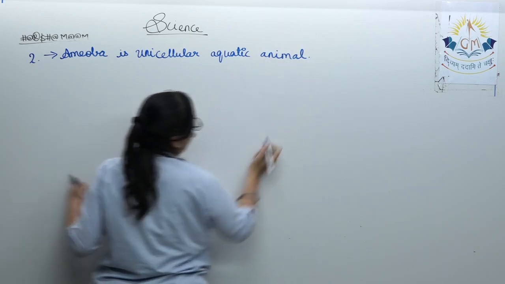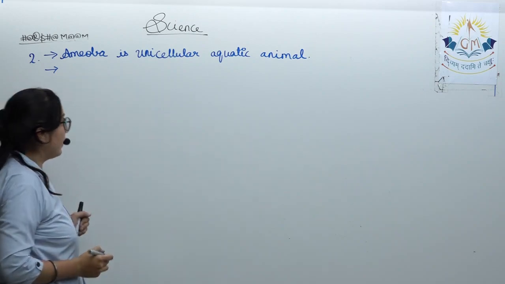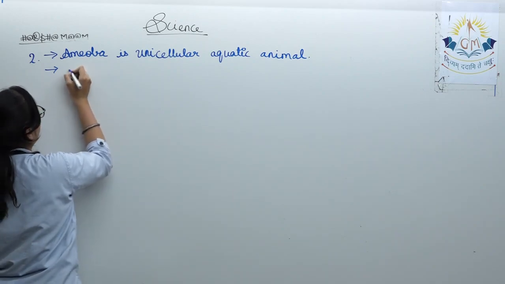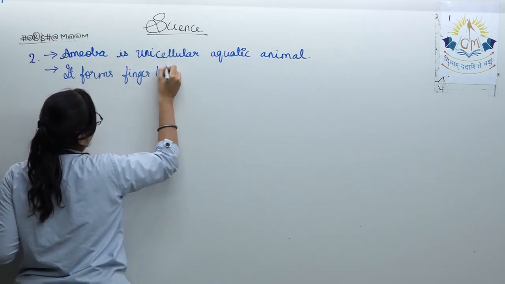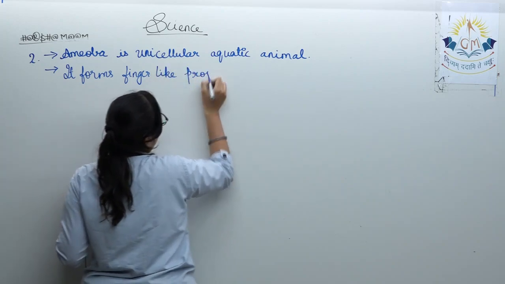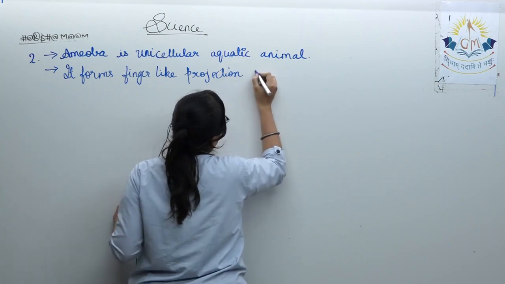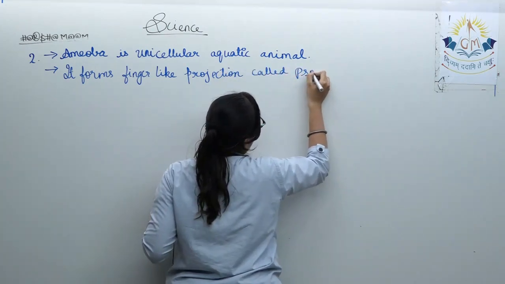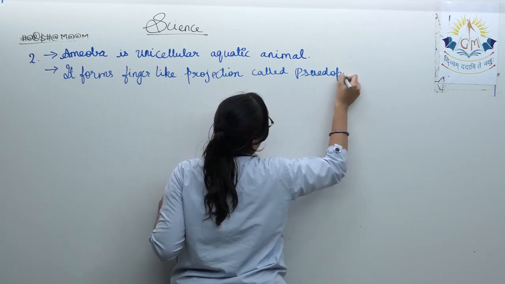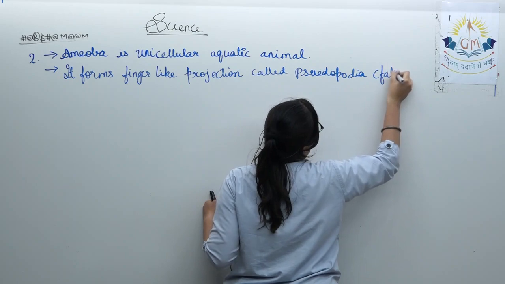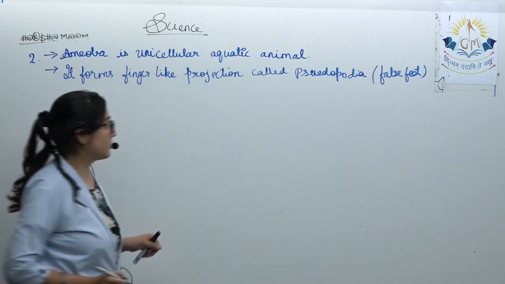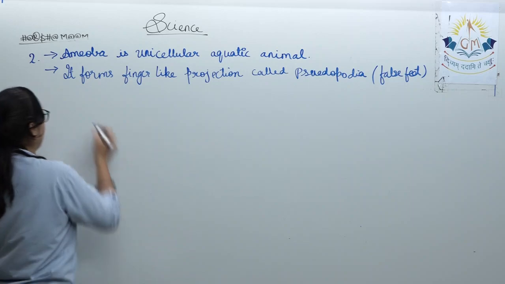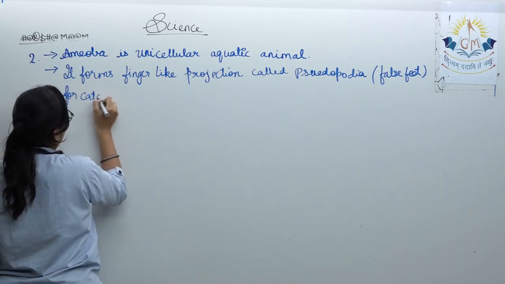It is a unicellular aquatic animal. Next, it forms finger-like projections called pseudopodia, which are false feet, for catching its prey.